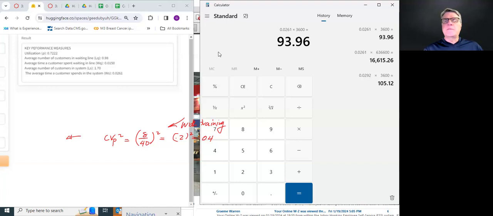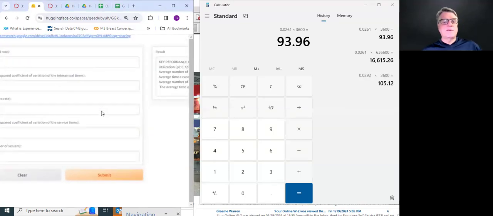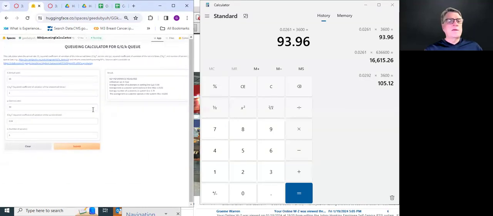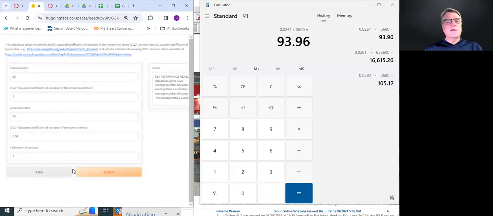So I'll just clean this up. So now what we're going to do is we're going to lump it all together. And I'll annotate again. So customers arrive now at the rate of 130 per hour.